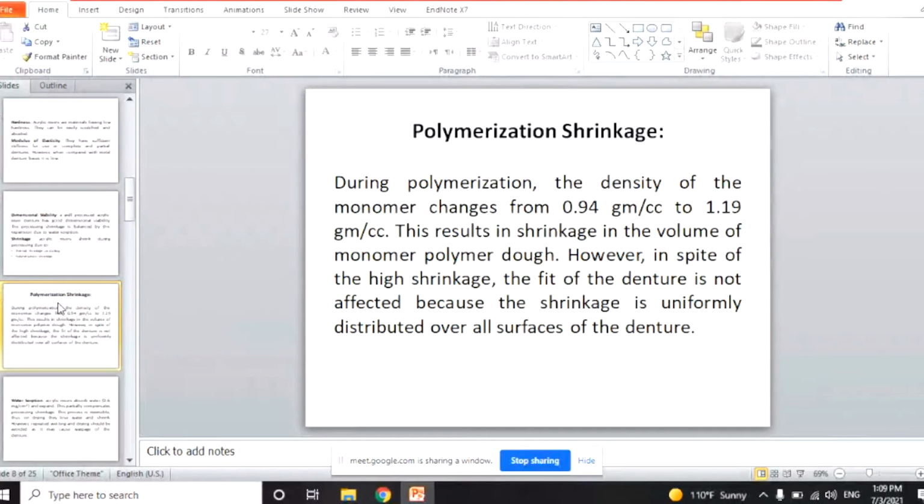Polymerization shrinkage: when you insert the acrylic into the flask in the water bath, sometimes some degree of shrinkage occurs in the water bath. This shrinkage in the final stage affects the dimensional stability of the future denture.